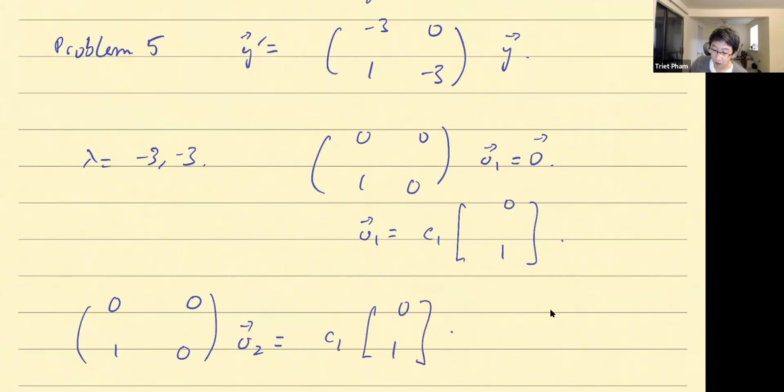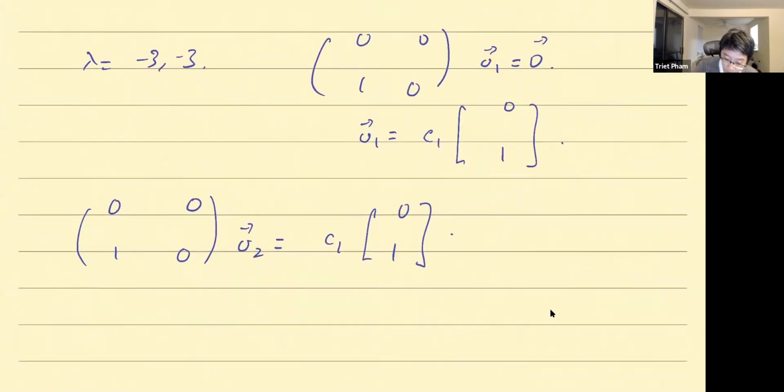First you find a particular solution. The particular solution would be 1 and 0. Ignore the C1; 1, 0 would solve this, so with the C1, that would be C1 in front. This is the particular solution.